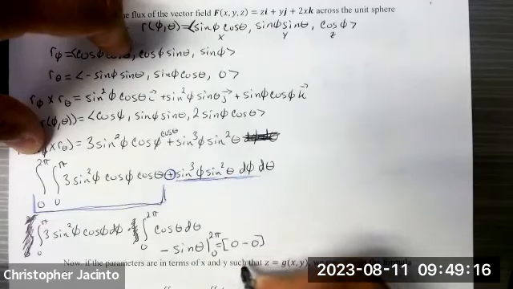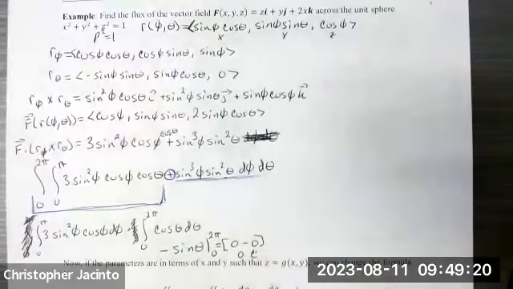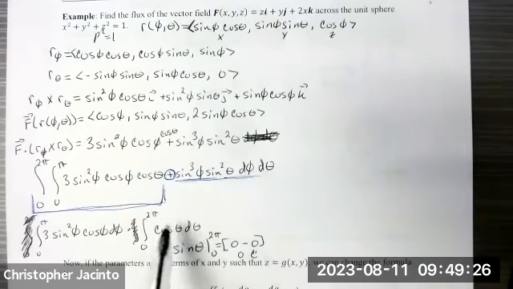What's 0 minus 0? 0. So now I have a question for you guys. If this integral is 0, do I really need to evaluate that? What do you guys think?